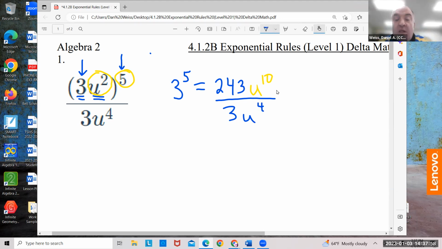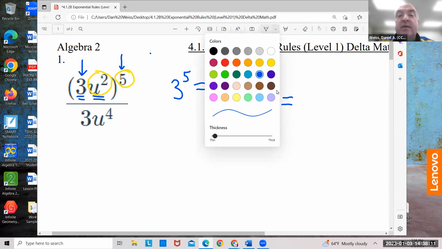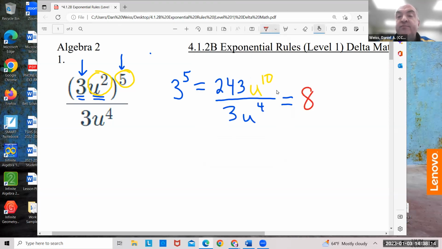So now I'm going to take 243 divided by 3. 243 divided by 3 is 81. And now I'm going to take u to the 10th over u to the fourth. I'm just going to do 10 minus 4. 10 minus 4 is 6, so I get u to the sixth, and I'm done.